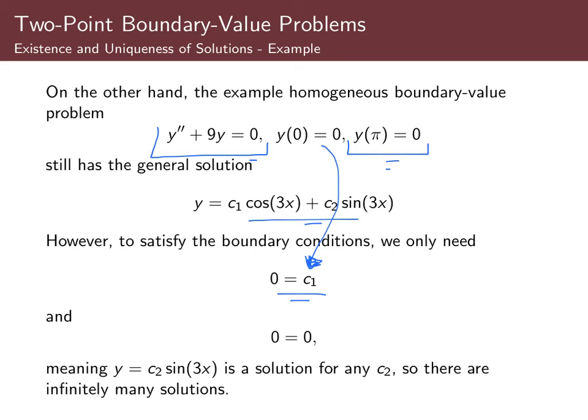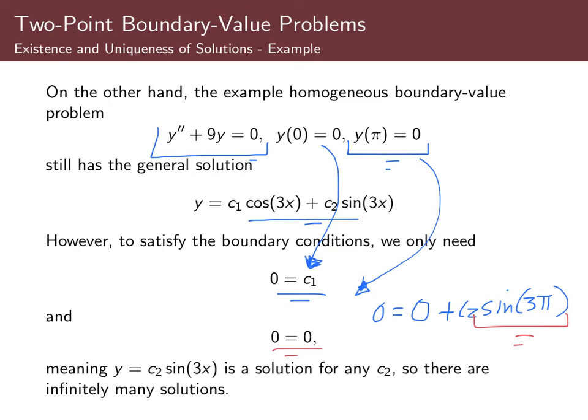But the second boundary condition states that 0 needs to be equal to c1 cosine of 3 pi, which is 0, plus c2 times sine of 3 pi. Sine of 3 pi is already 0, which means that this equation is just redundant: 0 equals 0. So y can be any constant multiple of sine of 3x, and we have infinitely many solutions to the homogeneous problem.